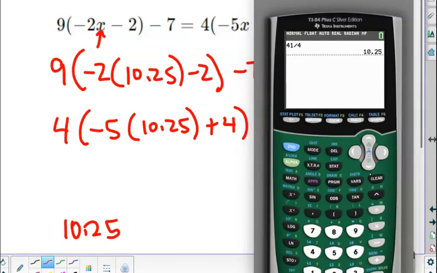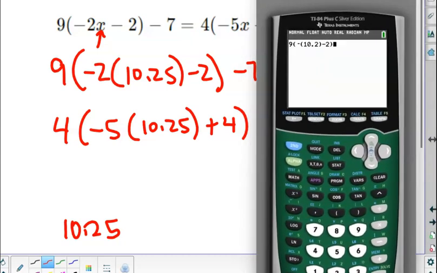All right, so 9 parentheses negative 2 parentheses 10.25 parentheses minus 2, and then I think I need a minus 7. Oh, I forgot a 2 here. And I forgot the 5 here.